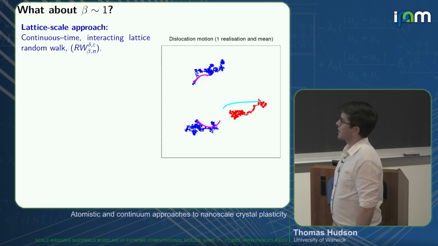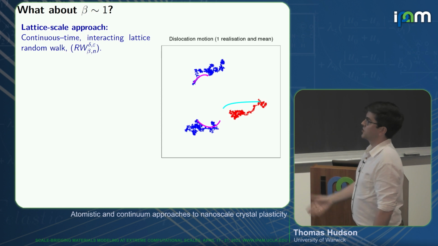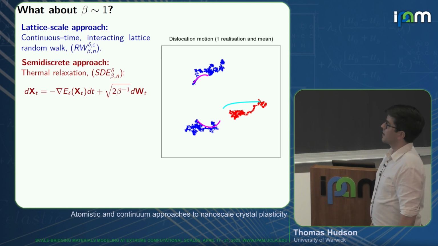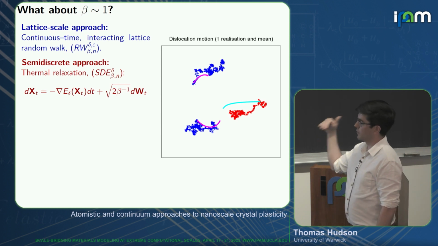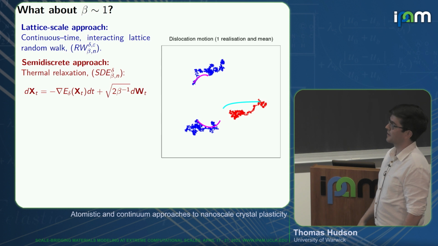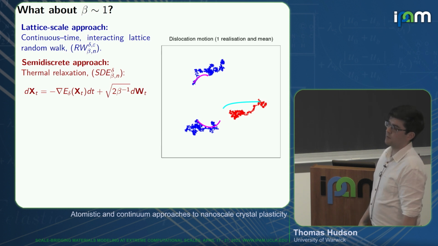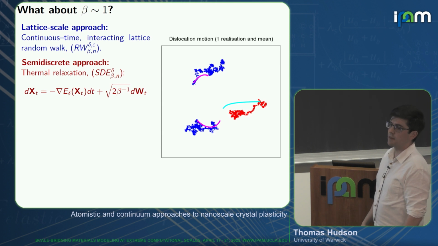So we thought about the higher temperature case. And so there, what you should expect is that rather than some ODE law for the relaxation of the dislocation positions, I should still see some noise present. And so I'll have an SDE.